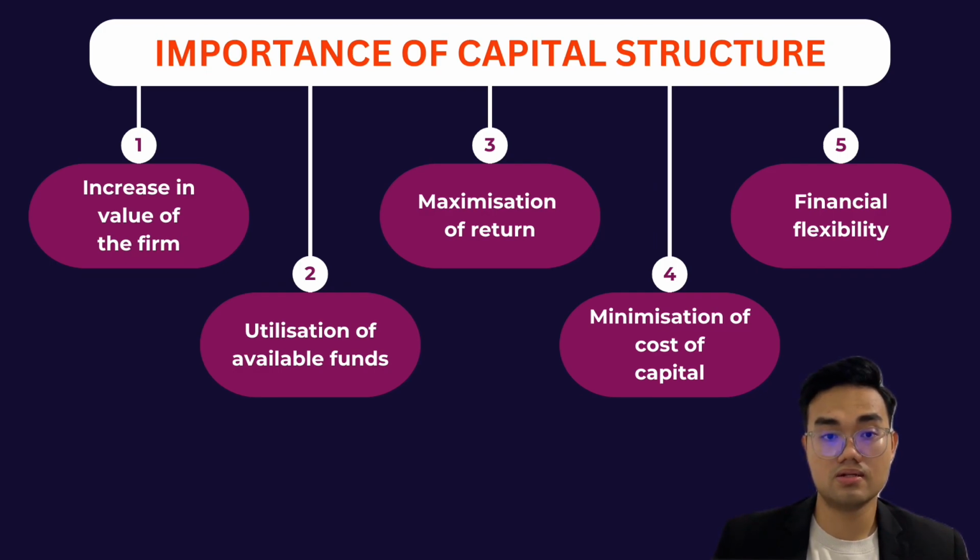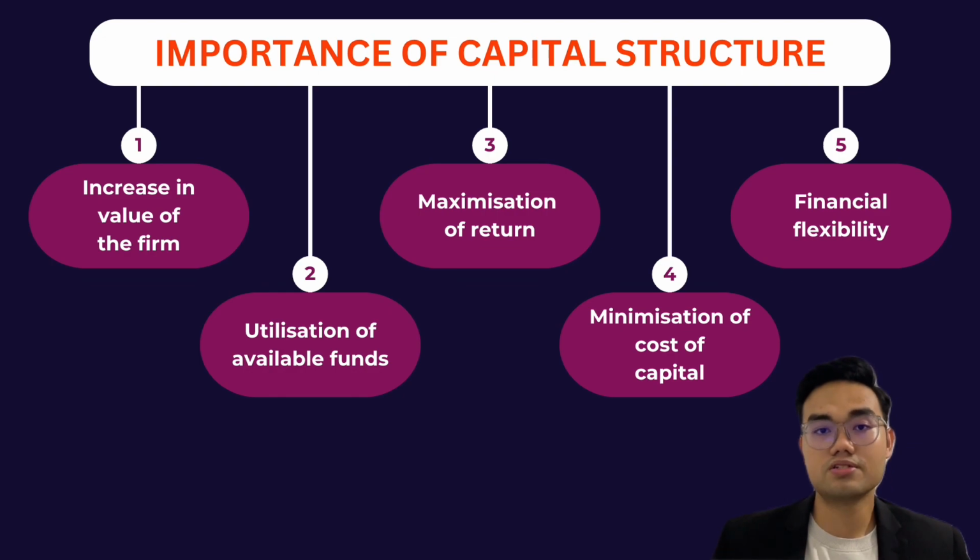And the third one is maximization of return. A sound capital structure enables management to increase the profits of a company in the form of higher returns to the equity shareholders, for example, an increase in earnings per share. The fourth one is minimization of cost of capital.